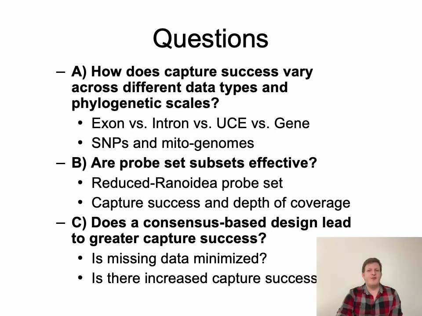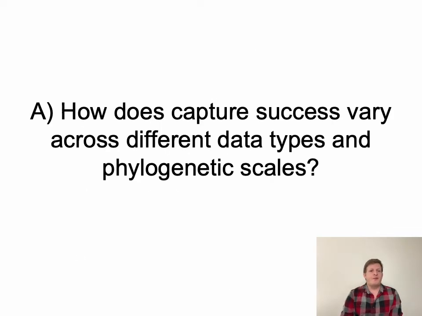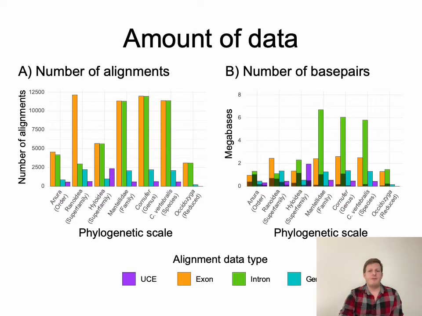Then returning to these questions, the first was, how does capture success vary across different data types and phylogenetic scales? When comparing across phylogenetic scales, which is shown here on the x-axis for these bar plots, we find some variation among scales in a few important ways.